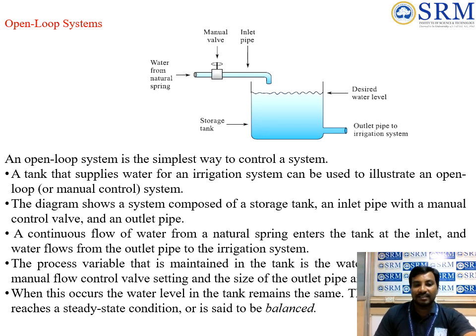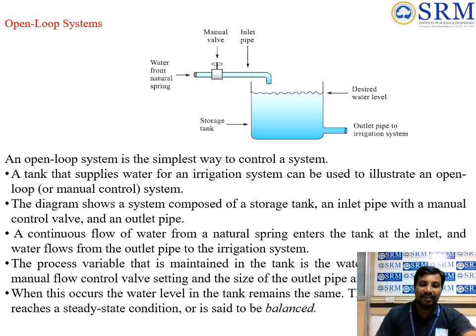Let us see one of the examples of open loop systems. A tank that supplies water for an irrigation system can be used to illustrate an open loop system. This diagram shows a system composed of a storage tank, an inlet pipe with a manual control valve, and an outlet pipe. A continuous flow of water from a natural spring enters the tank at the inlet, and the water flows from the outlet pipe to the irrigation system.